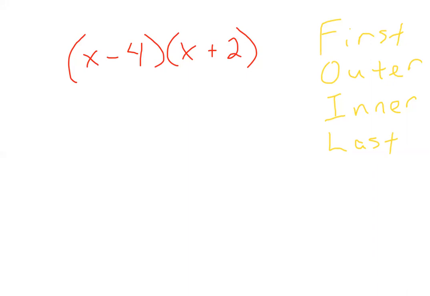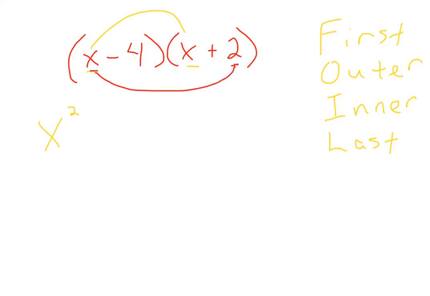We want the first term times the first term. That is your first. So x to the first times x to the first gives me an x squared. All right, outer is the outer two most terms. It's this one and this one.